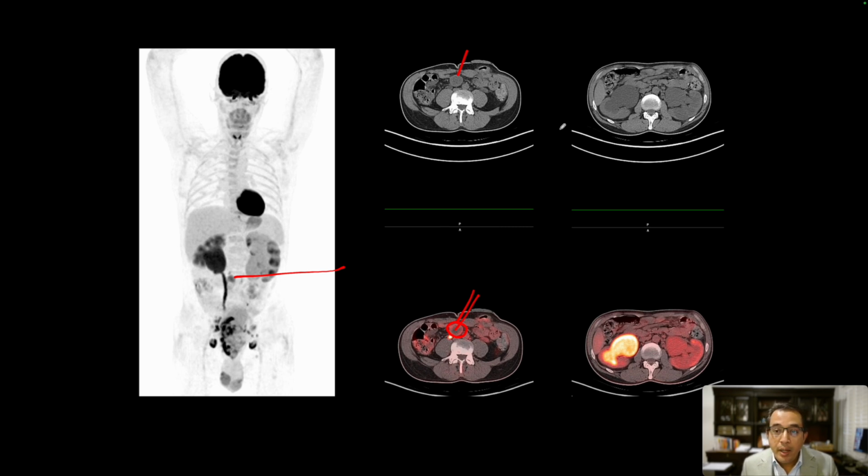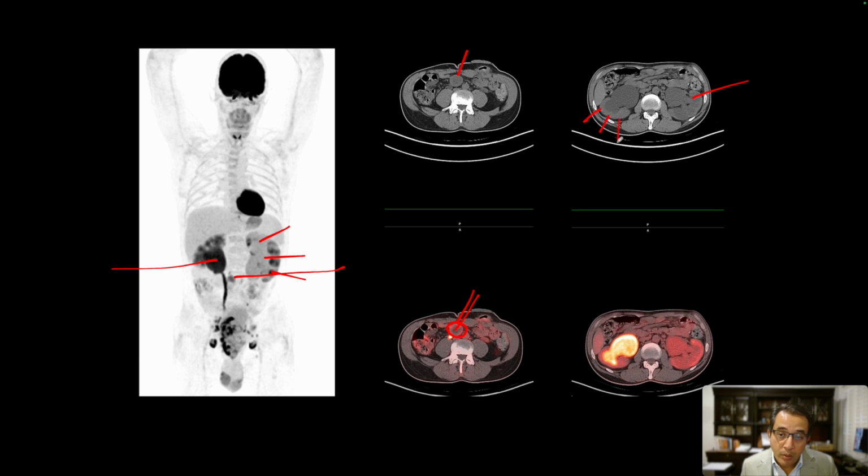The other interesting finding is, now let's go back to the kidneys. On the rotating image, we see that the right kidney is excreting radioactivity into the collecting system in the ureter. And so the function of the right kidney is better and more preserved compared to a chronically obstructed left kidney. And we see the same finding here where there is cortical thinning worse on the left side compared to the right side.